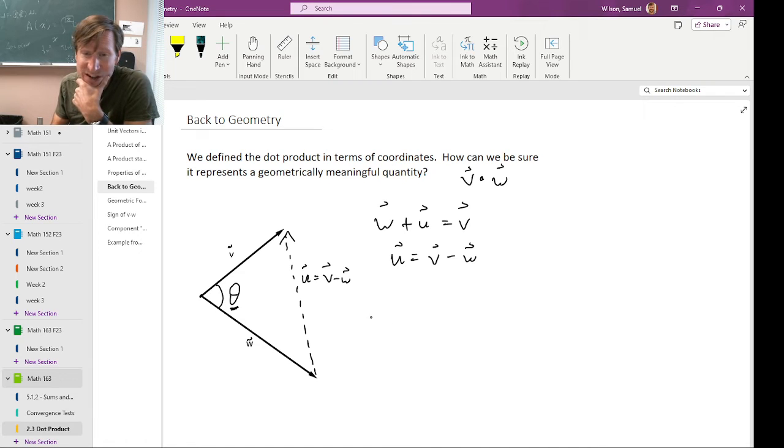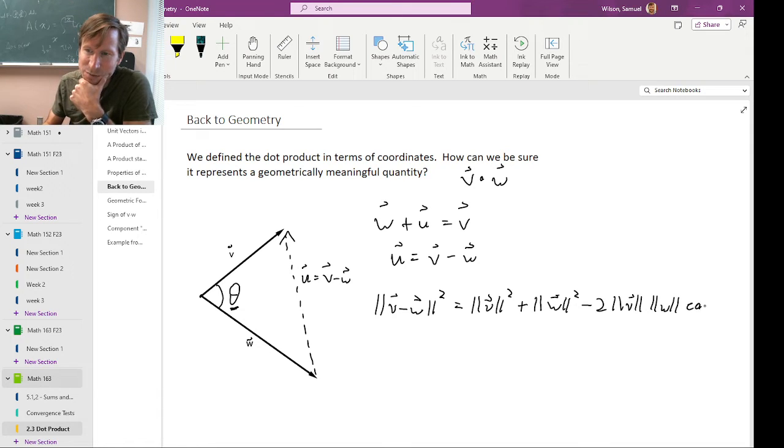So the law of cosines says the length of the side u, so the magnitude of v minus w, squared equals the length of the top side squared, plus the length of the bottom side, that's magnitude of w squared, minus 2 times the magnitude of v times the magnitude of w times the cosine of the angle between them.